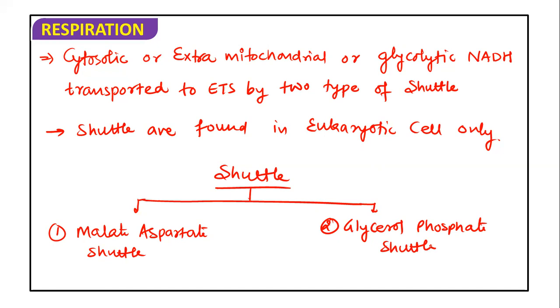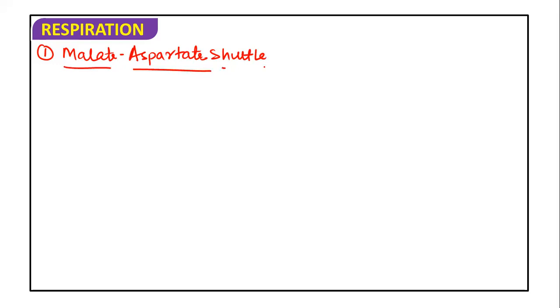These two types of shuttle are found. First we are going to discuss the malate aspartate shuttle, which is found in heart, kidney, and liver cells.